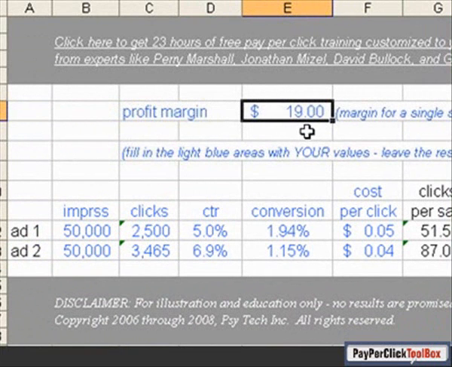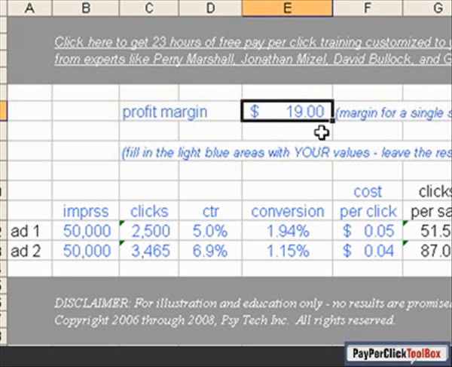Now, when you enter your profit margin here, I want you to enter the margin after deducting all your variable costs, but not your advertising costs. So this profit margin notably doesn't include what I'm going to pay for pay-per-click ads. If I had to ship something to someone, and if it cost me money for producing a product and actually getting it out the door, I would include all that and reduce my profit margin accordingly.